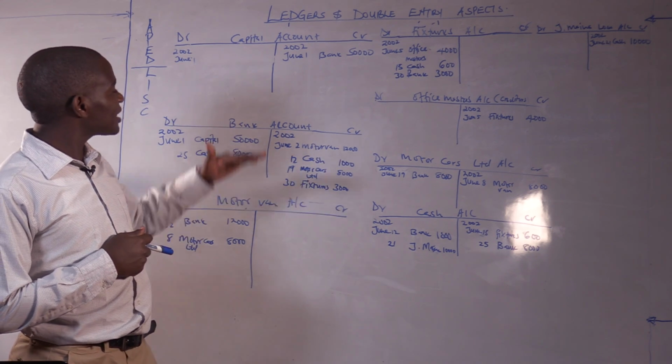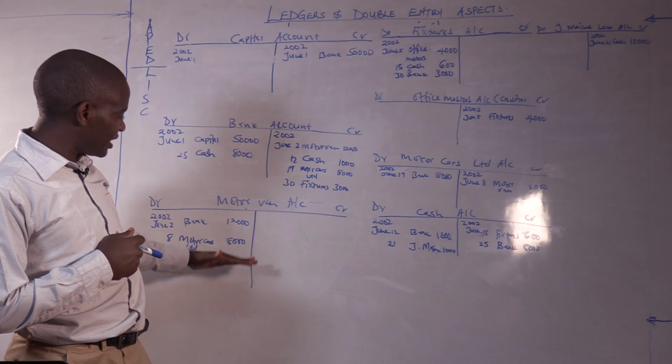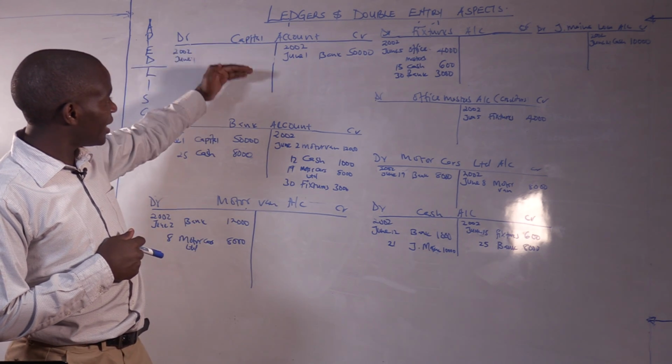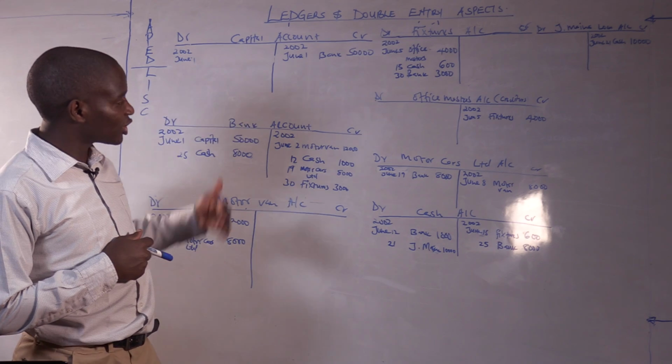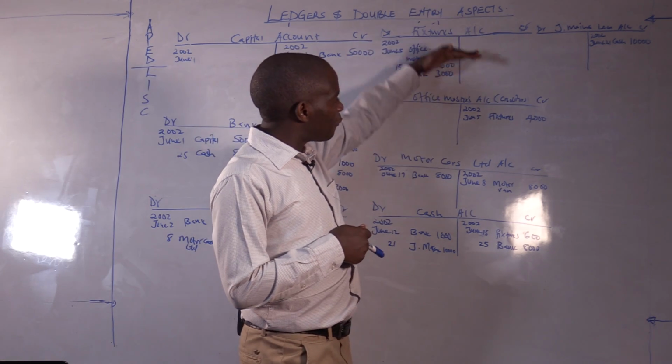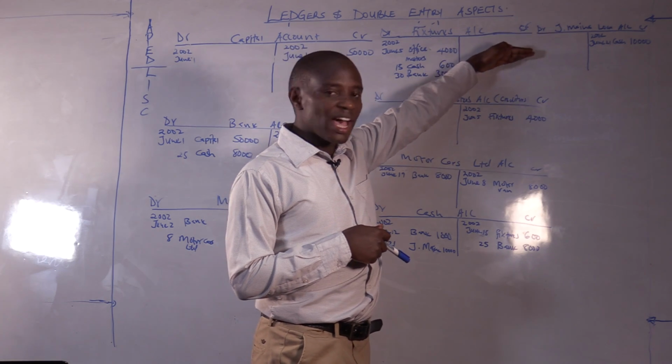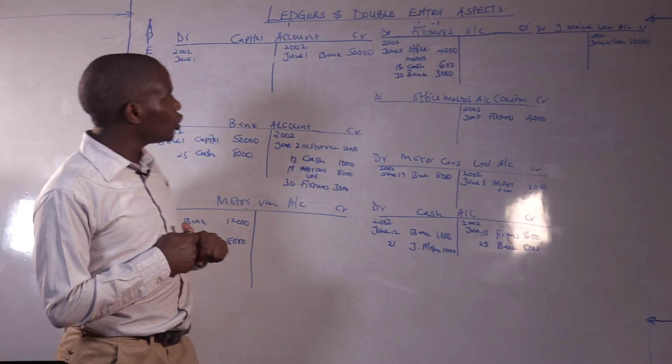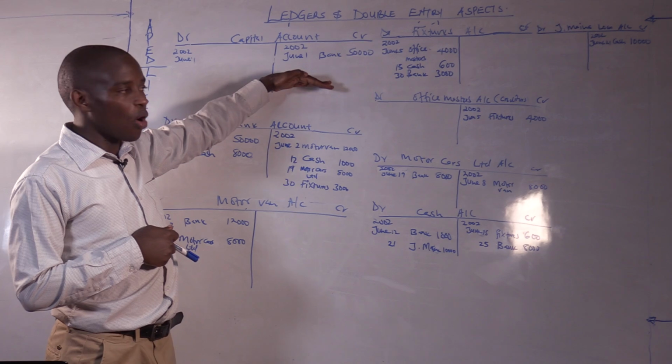From our previous class, you remember we prepared these accounts for ledger transactions. And I remember telling you that after you have prepared ledger accounts like we did, we usually balance them off.